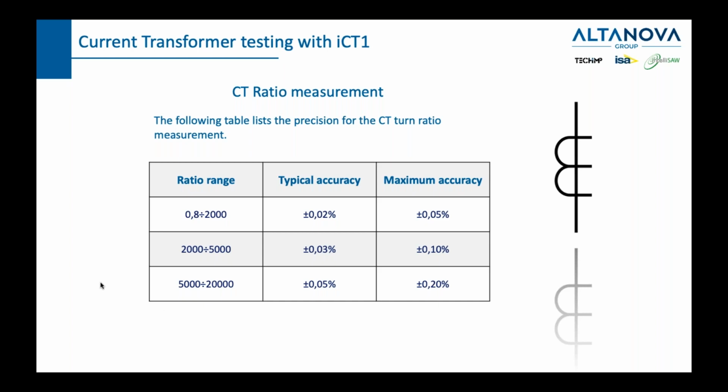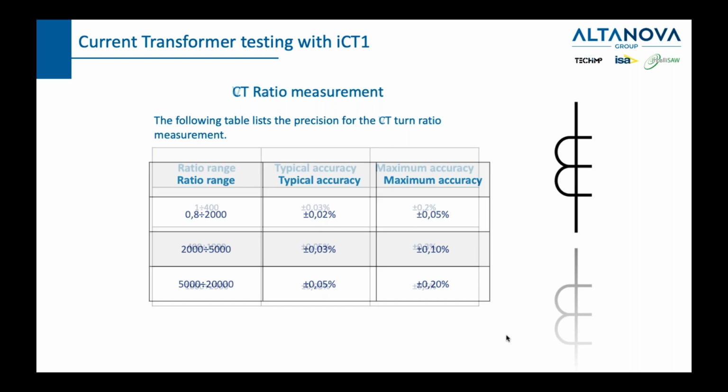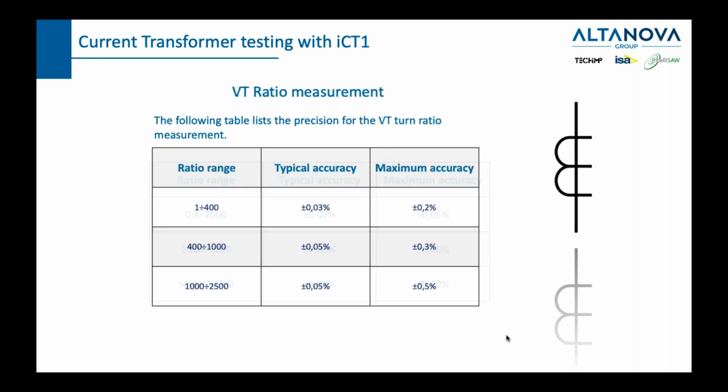And you can see that the accuracy of ratio is between, let's say, 0.02 and 0.05 for the range between 0.8 and 2000. And for higher ranges, it is a little bit lower, but still very good accuracy. For VT ratio measurement, again, we are between 0.03 and 0.2, and slightly less for higher rates.